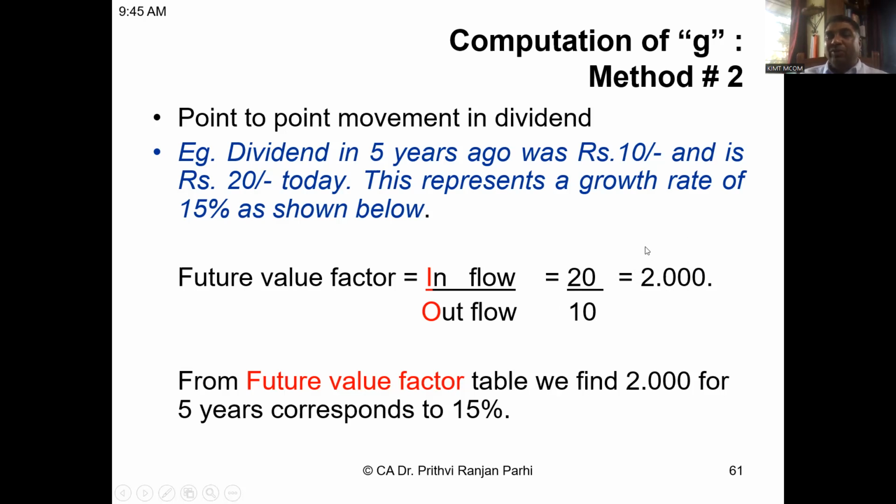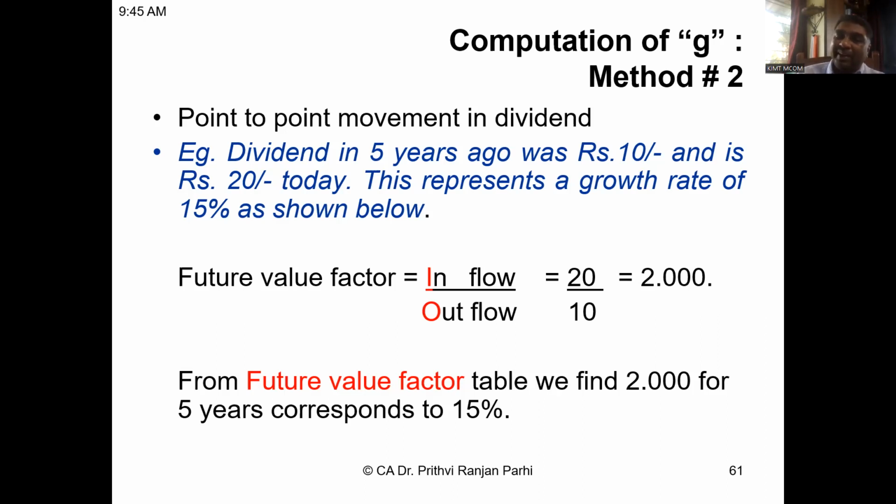Now we'll be referring to the future value factor table for 5 years. We'll see where this 2 is coming. After that, we'll find out what percentage this corresponds to. That percentage will be your growth rate.